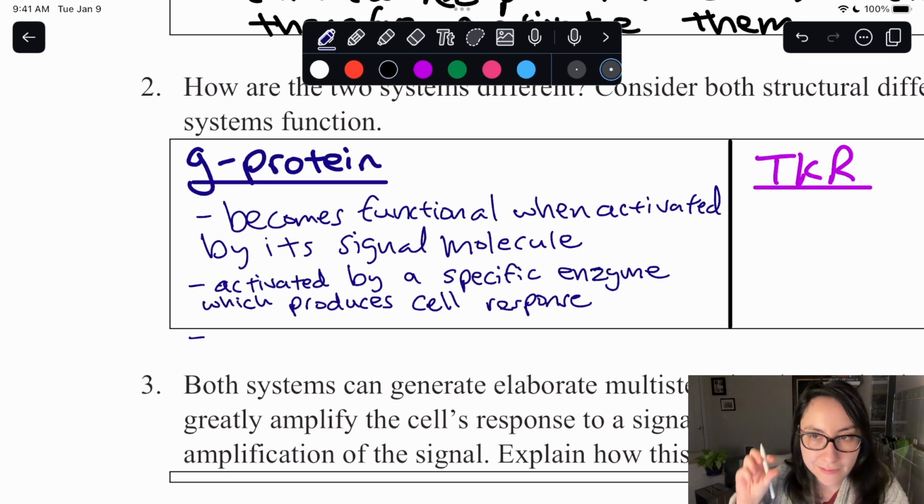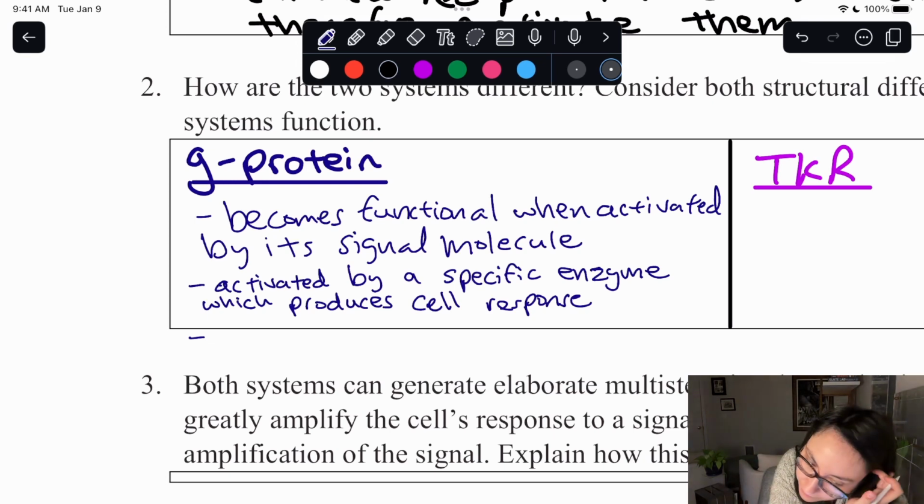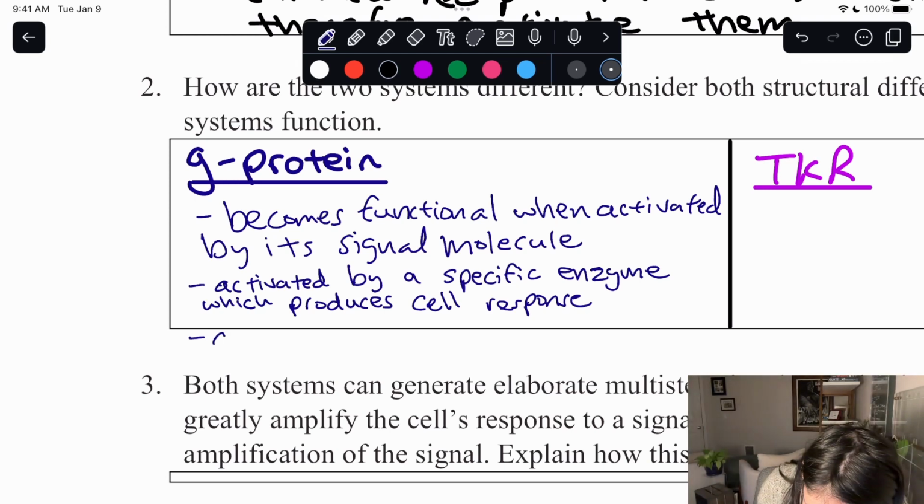because what happens here with the G protein receptor system is that a conformational change occurs.